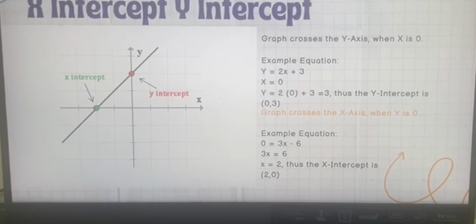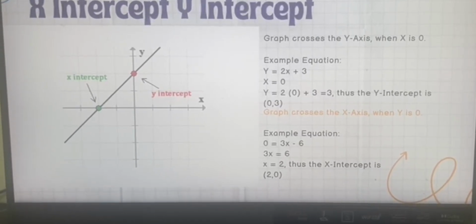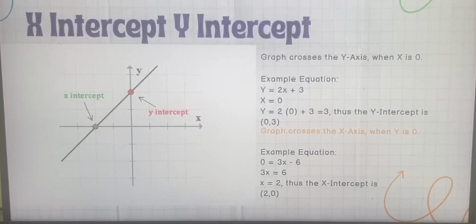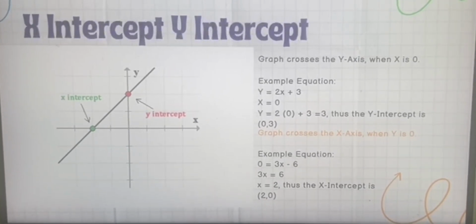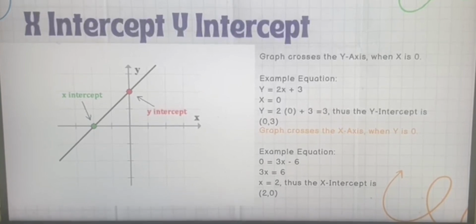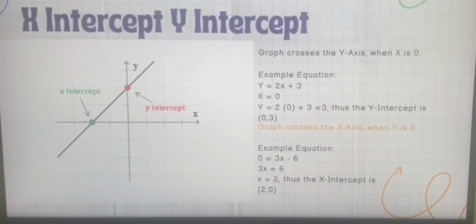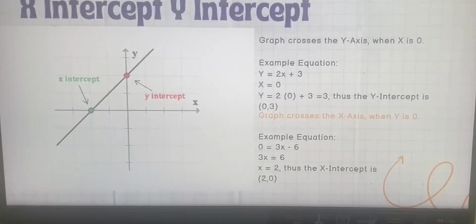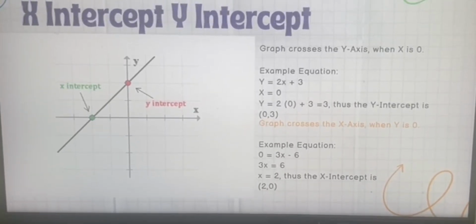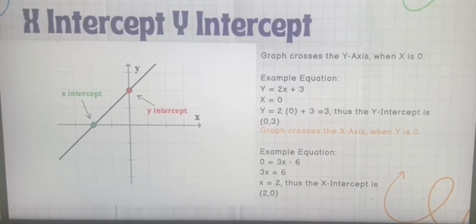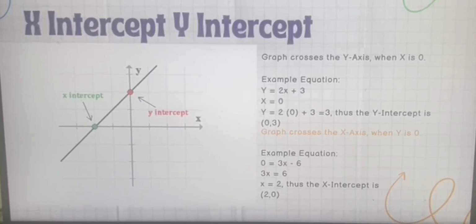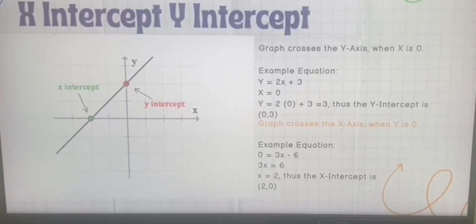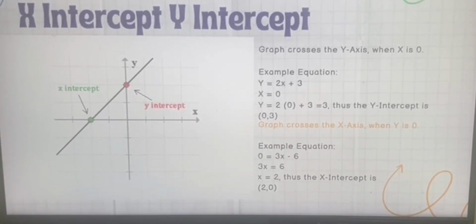So y equals 2 times 0 plus 3 equals 3. Thus, the y-intercept is (0, 3). If the graph crosses the x-axis, y is 0. Example equation, 0 equals 3x minus 6, 3x equals 6, x equals 2, thus the x-intercept is (2, 0).